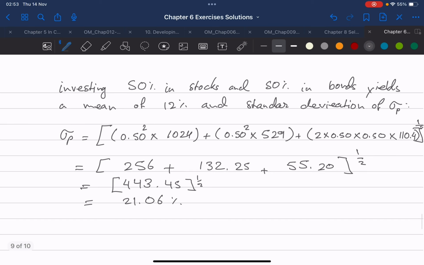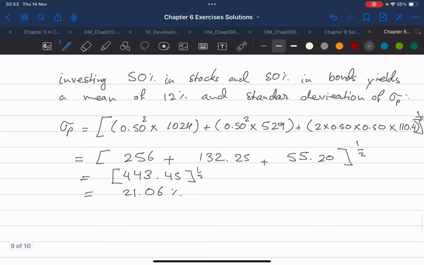It means that the efficient portfolio with a mean of 12%, let's write that down.